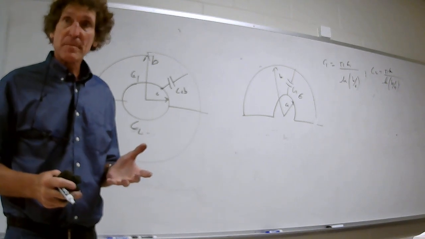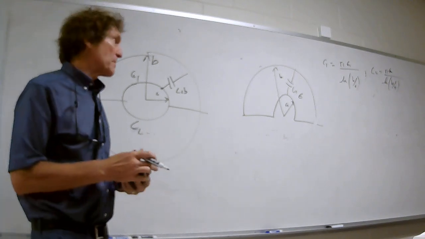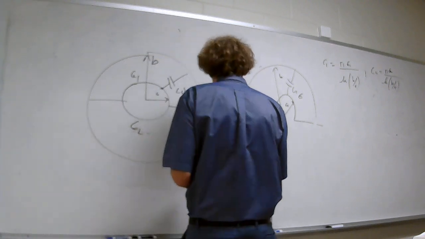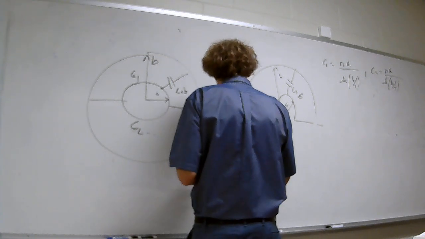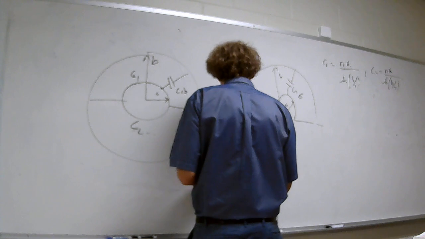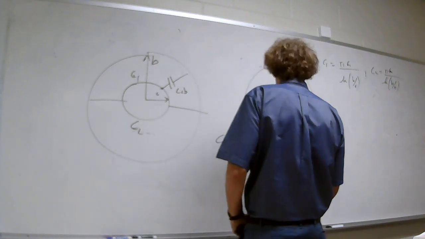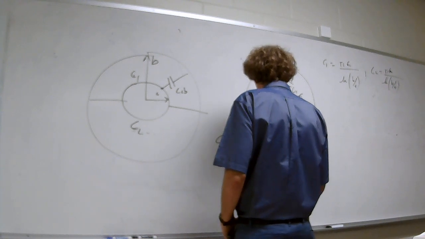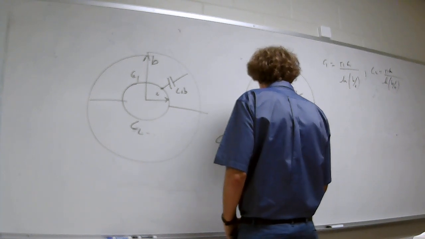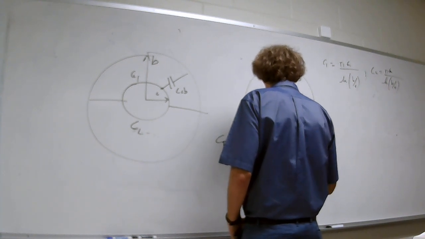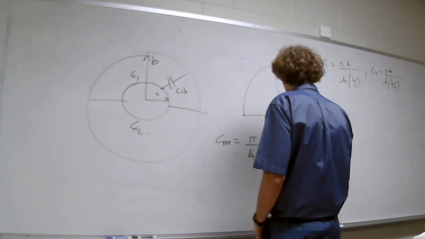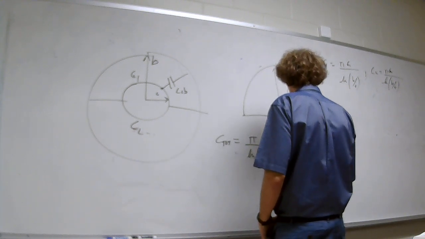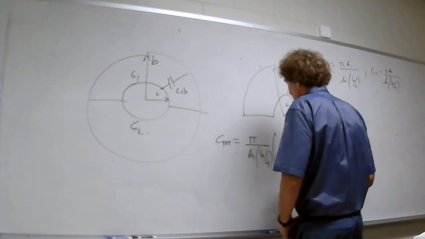Do you agree with that? Yep. So the total capacitance for this one is going to be equal to the pi over natural log business, which I can take out front, and then I have to take epsilon 1 plus epsilon 2 here, and that'll be the total capacitance.